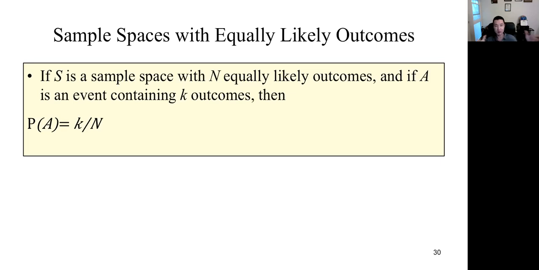The sample space has 6 total possible outcomes: 1, 2, 3, 4, 5, 6. As a result, the probability we get an odd number is 3 over the total possible outcomes, 6. So 3 over 6 is 50%. This is an example of equally likely outcomes.